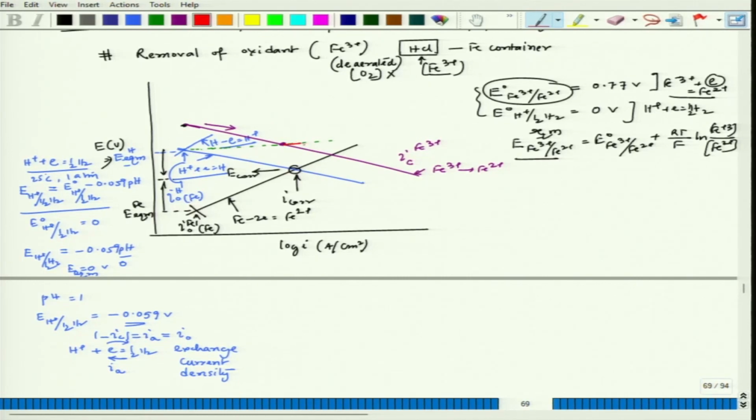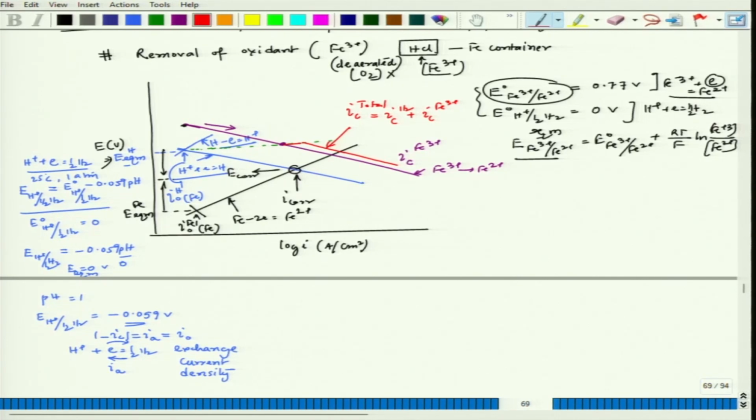It adds up and then follows the trend. So this line is nothing but IC total equal to IC for hydrogen evolution plus IC for Fe3+ reduction. This is IC for hydrogen evolution, this is IC for Fe3+ reduction.